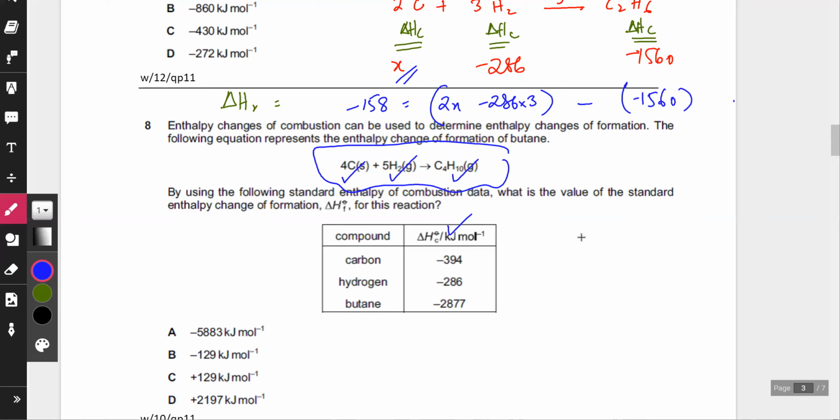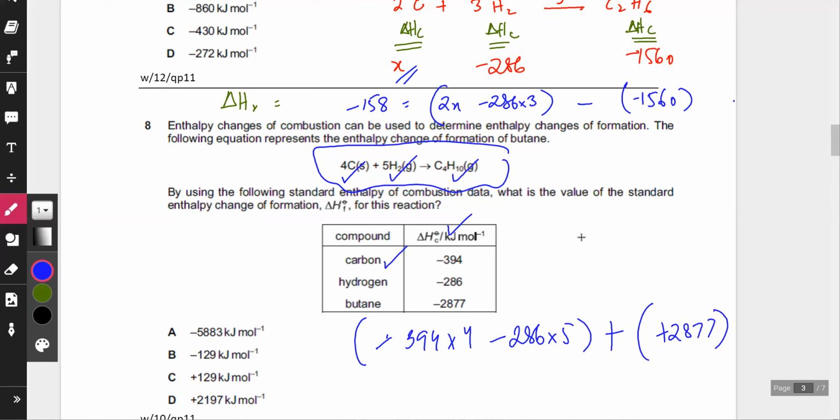Is it A? No, it shouldn't be A. It's going to be reactant minus products, right? The reactants are 4 carbon, so that's minus 394 times 4. The other reactant is 5H2, so that's minus 286 times 5. And minus the products. So C4H10, that's minus 2877. So this would become plus. Oh, I forgot. I only put one minus, so it stayed minus. Oh, okay.